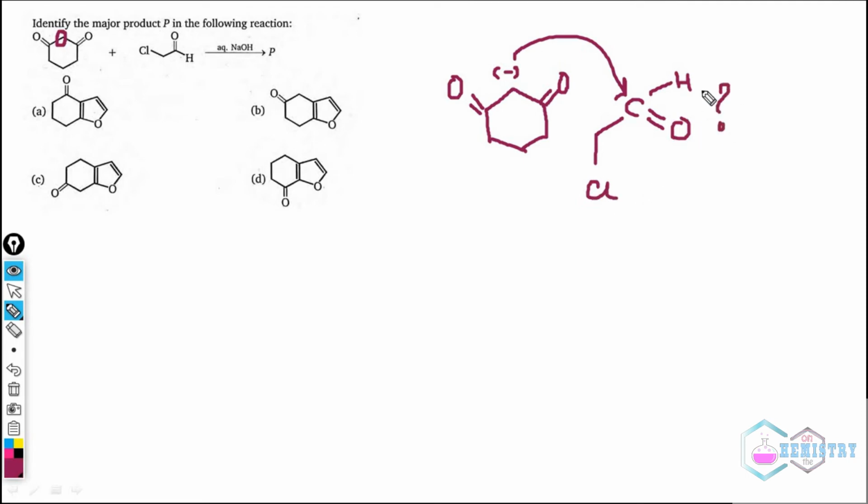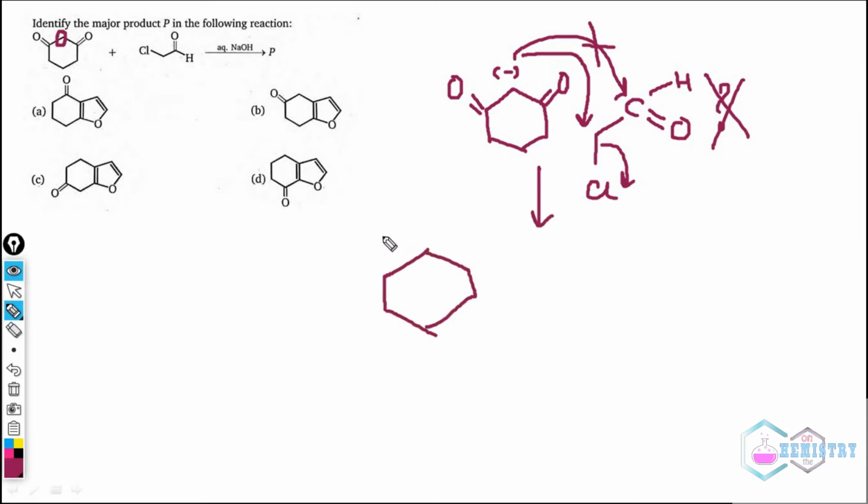No. Here is the twist. This will not attack this carbon. This will attack this carbon because of the easy removal of the chlorine, and hence this product will be formed. CH2 C double bond O H.